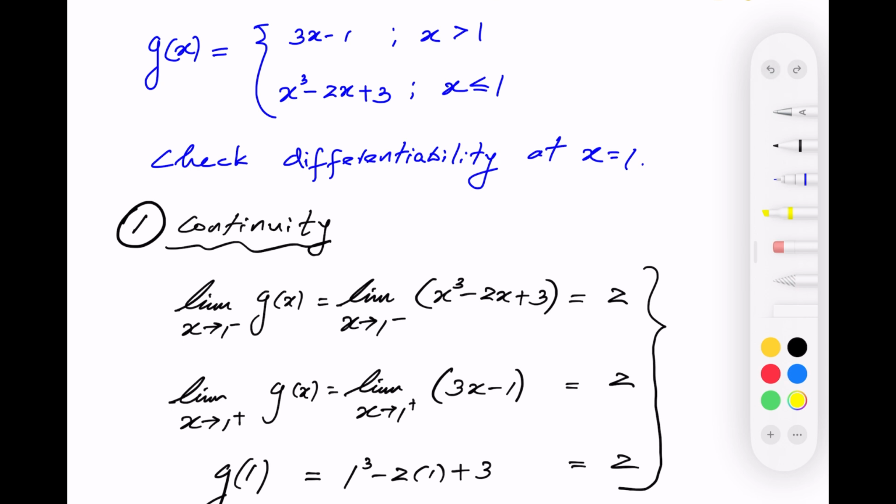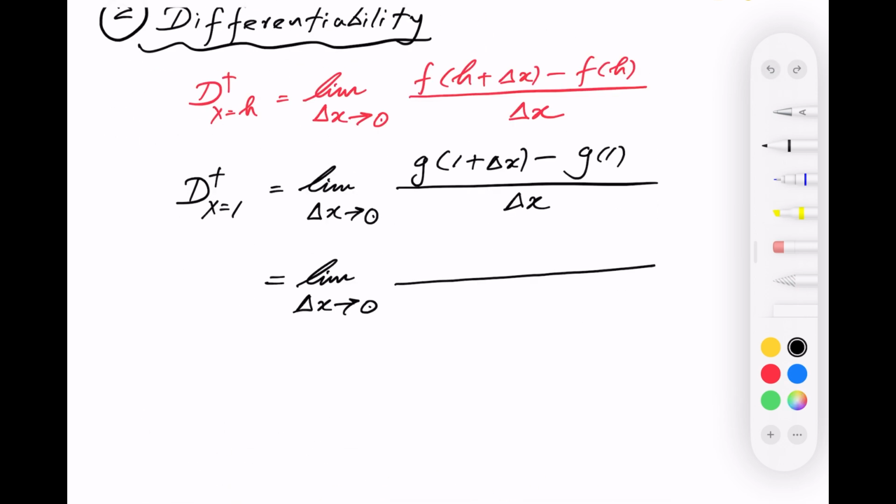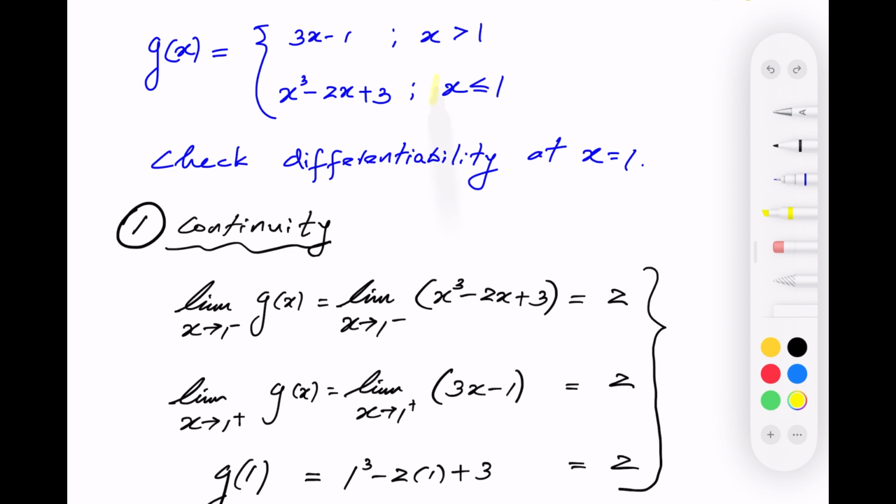So let's go ahead and write it down. On the numerator, I will have 3 times 1 plus delta x minus 1. And then I need to subtract g of 1. What is g of 1? We have to see what the function is when x is equal to 1. When x is less than or equal to 1, g of x is equal to x cubed minus 2x plus 3.